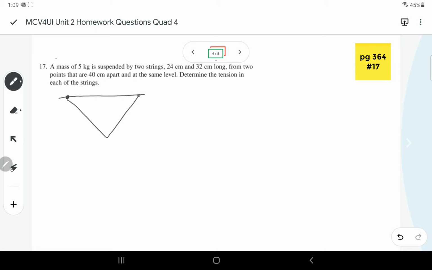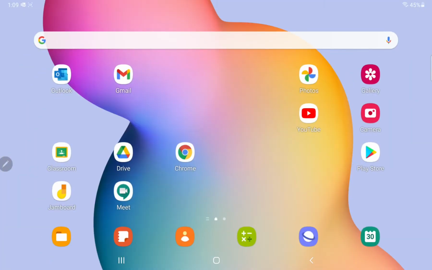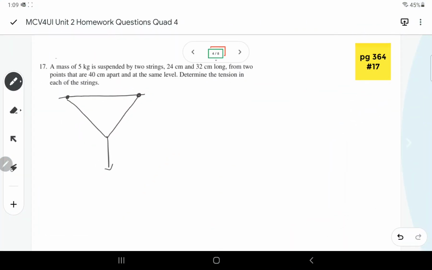We have 2 strings holding something with a force of gravity downwards, but we don't have the angles. So the difference here is that we're going to have to figure out the angles using the cosine law.